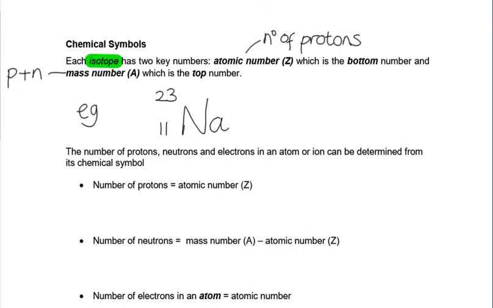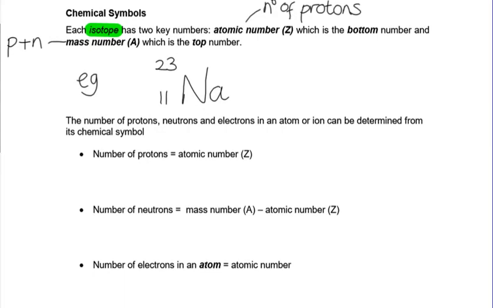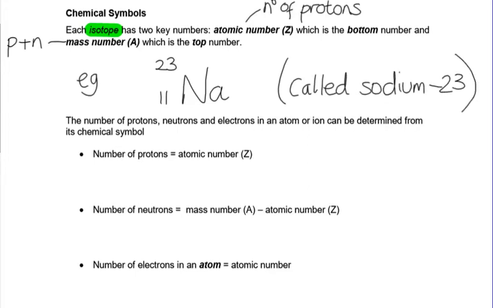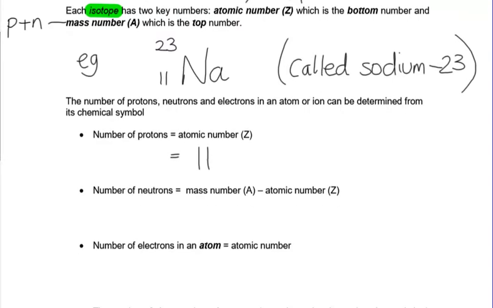If we break that down and look at that particular isotope, sodium-23, an isotope of sodium with a mass number of 23, we can work out the number of protons. The number of protons is the atomic number, and that's the bottom number. This is 11. We can work out the number of neutrons by taking the mass number for this isotope, 23, and subtracting the atomic number to get 12.